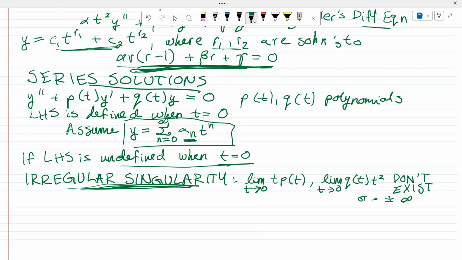We can't assume a solution using a Taylor approximation.